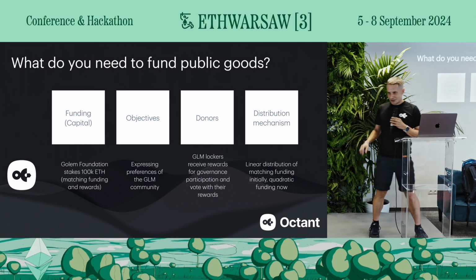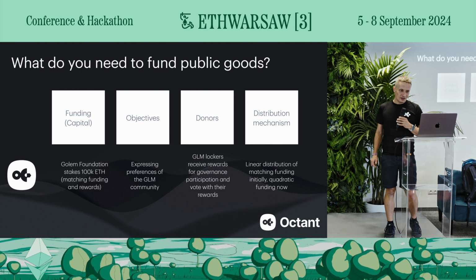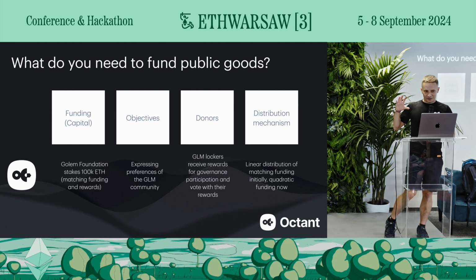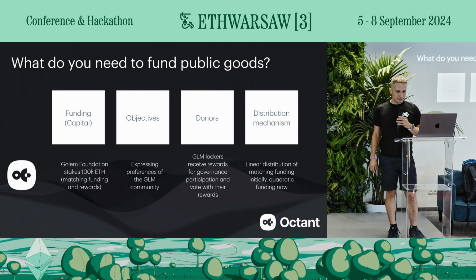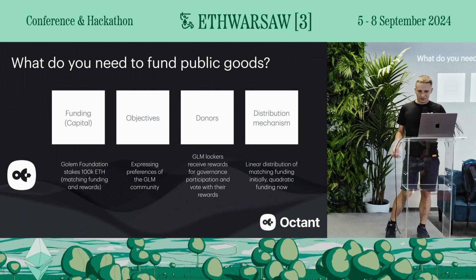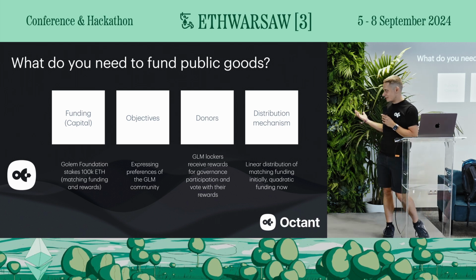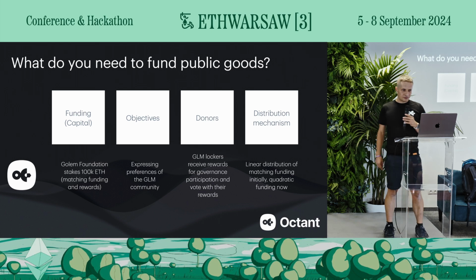So if we look at all of these funding mechanisms in Web3, we can see that there are like 4 basic components that you need for such a program to run. So first, of course, you need funding. So you need like a source of capital to finance certain public goods. You need to set some objectives, which are what the money should be spent on. You need donors, and by donors, I mean individual donors.